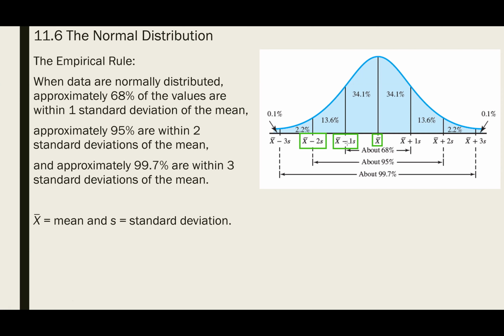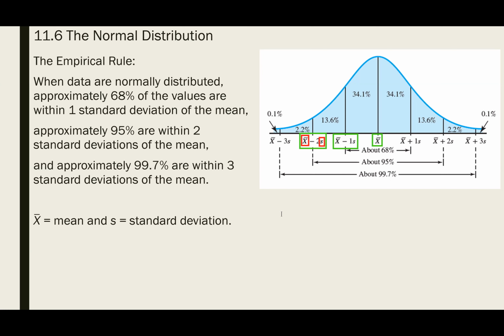So if you plug in the S where you see the S, and if you plug in the X bar, which is 100, minus 2 times 15, what is 2 times 15? 2 times 15 is 30.